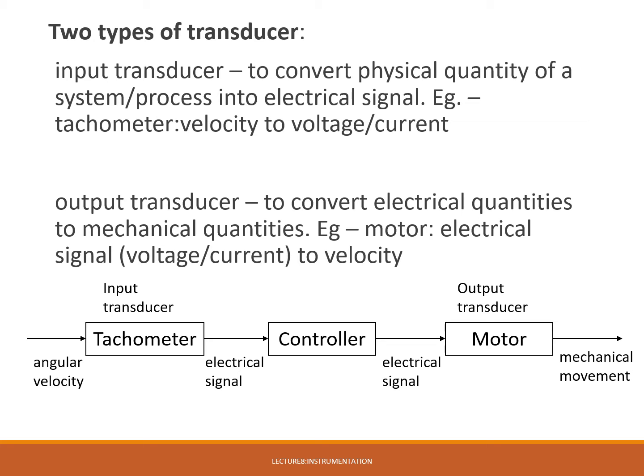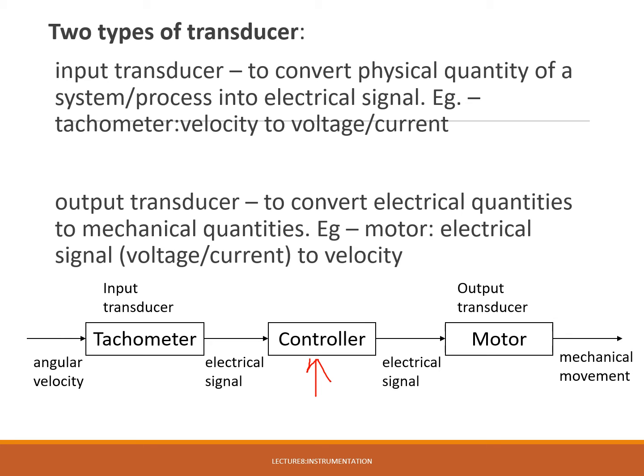So for example, motor here, okay, so we apply voltage to the motor, and the motor will give us rotation, will give us velocity. So the input is electrical signal, the output is the mechanical movement. So we can see in this diagram here. For example, we have tachometer. Tachometer is the sensor which will measure the angular velocity, and the output from the tachometer is in terms of electrical signal. Then the electrical signal here will be fed into a controller.